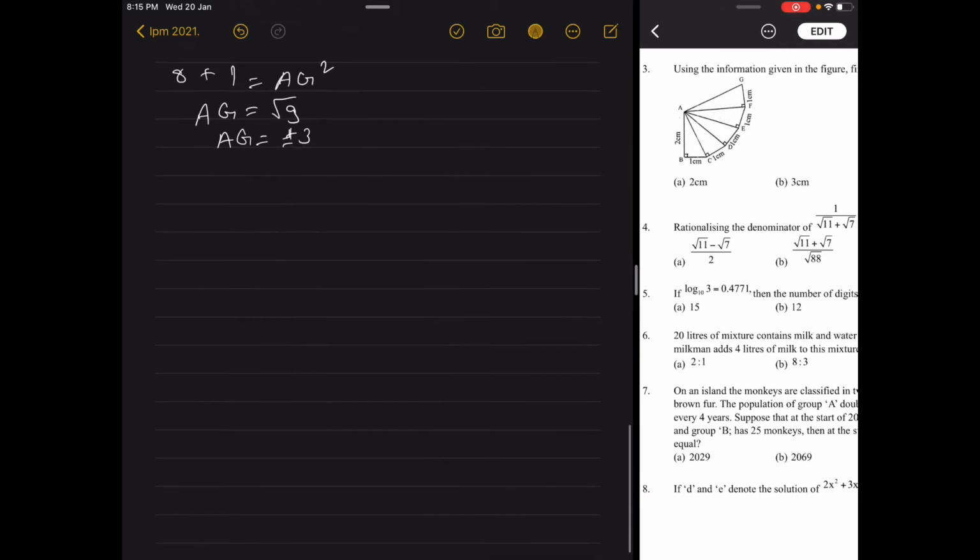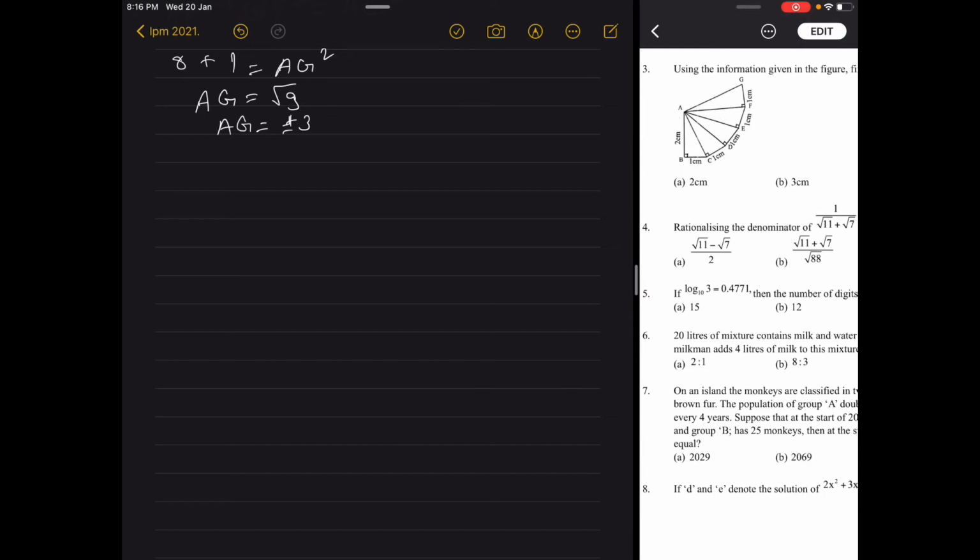But we know lengths cannot be negative. Therefore, since negative is not possible, the answer is equal to 3, which is option B.